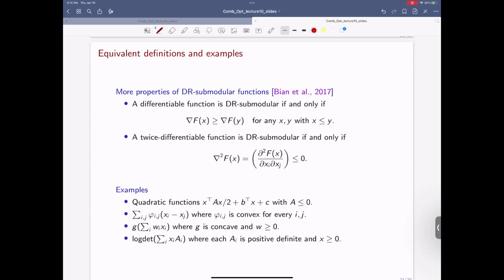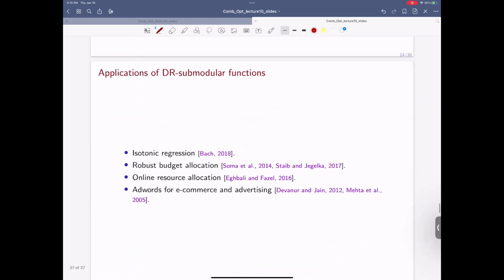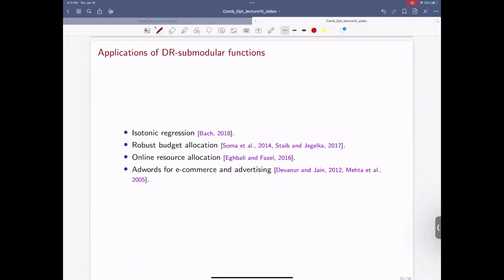It applies in many examples like utility functions, log determinant, and quadratic functions with matrices whose entries are all non-positive. In fact, they appear in many problems like isotonic regression, robust budget allocation, and resource allocation. Many problems can use these continuous versions of DR-submodular functions.